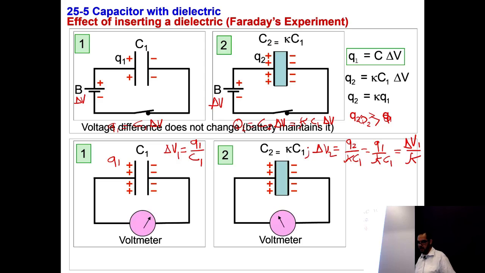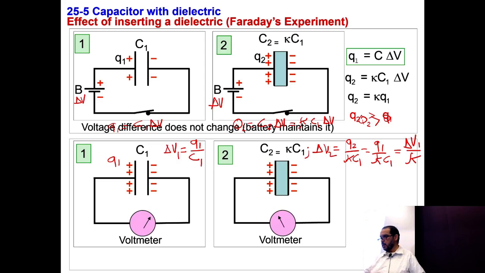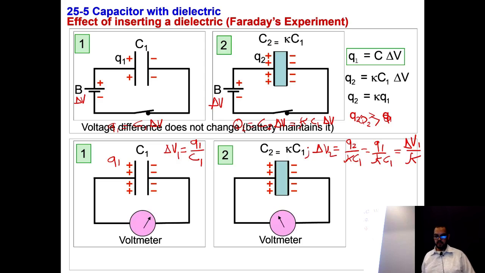Remember, kappa is a number that is always 1 or larger. For the dielectric, it's larger than 1. So obviously, that was a surprise. Here, the capacitance increases. If it's connected to the battery, the charge increases. But if you disconnect from the battery, we observe that the voltage decreases. And this is why, because delta V2 is actually delta V1 divided by kappa.